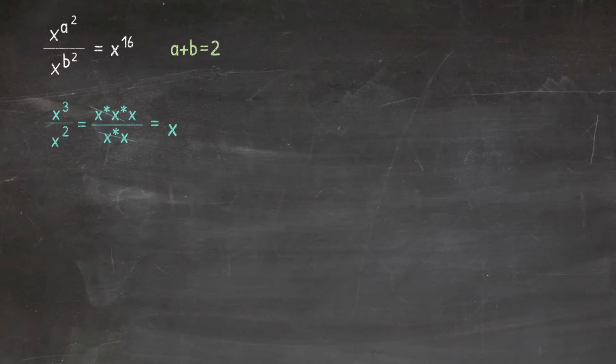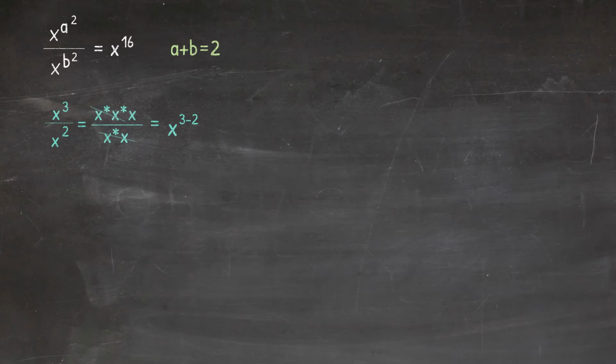Looking at the original fraction, we can probably notice that in the exponent, we subtracted the 2 in the denominator from the 3 in the numerator. So this will remind us how this works.